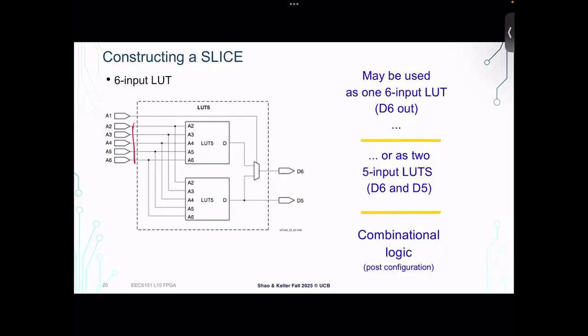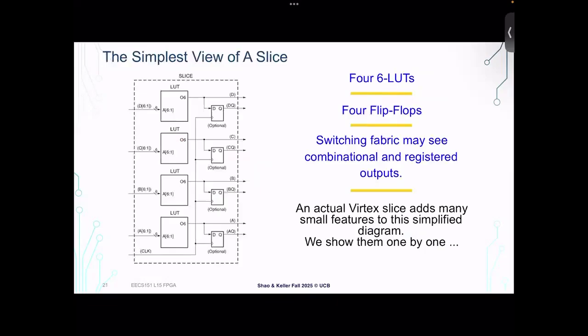And so you can construct a LUT6 out of 2 LUT5s. You could also just make one giant LUT6, but this gives more configurability because you can either use it as one giant LUT6 or you can use it as 2 LUT5s. So this is how the FPGA builds up more and more complicated combinational logic functions.